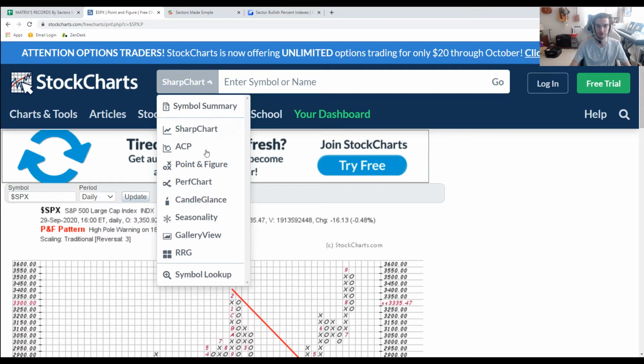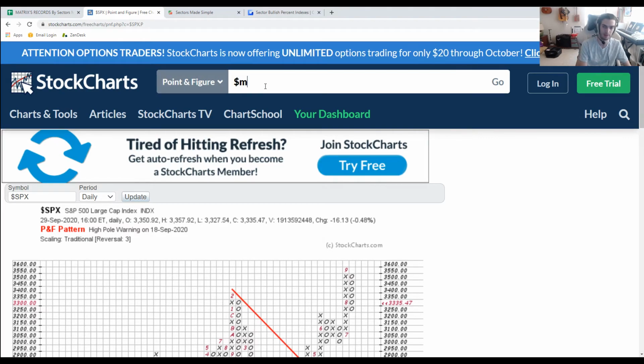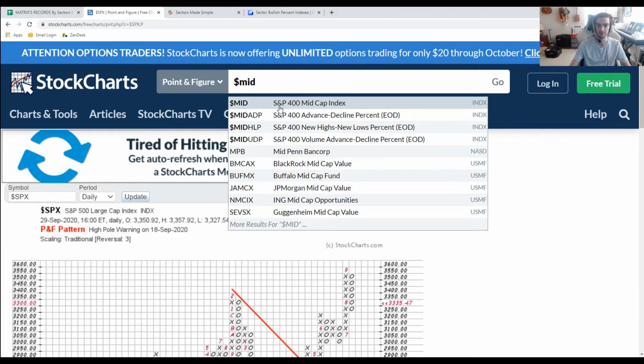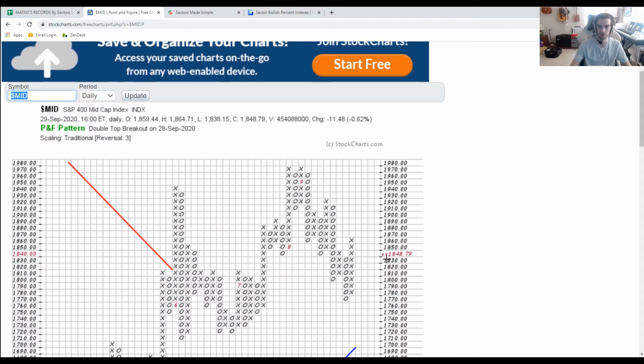Then we have our mid cap, which is going to be $MID, this S&P 400 mid cap index, which would be in a column of X's, with a double top breakout yesterday.